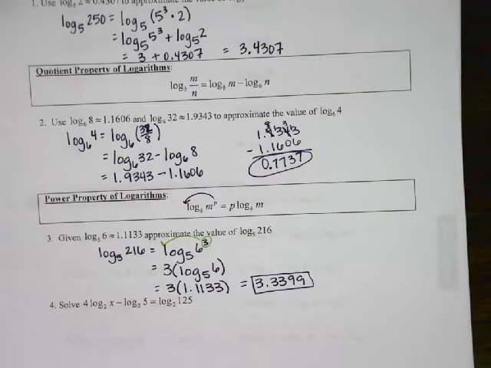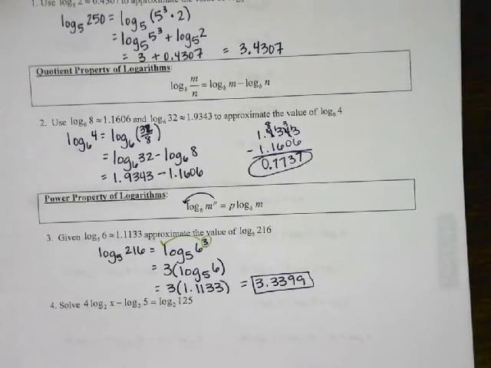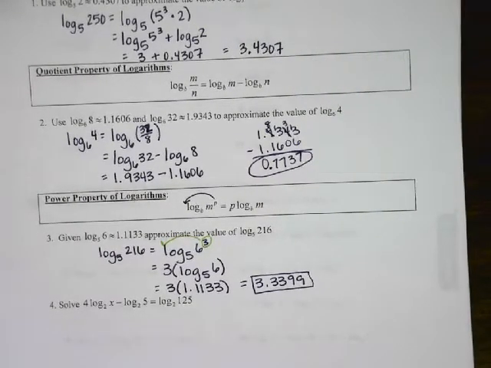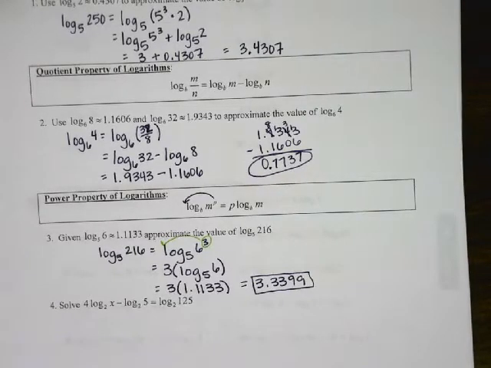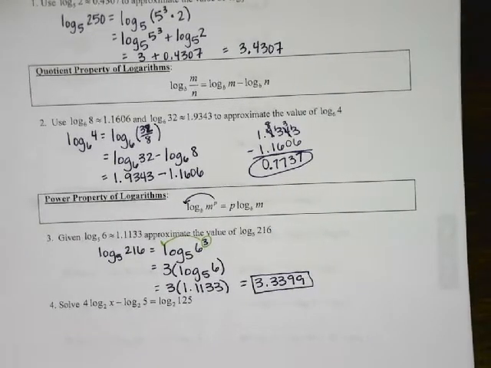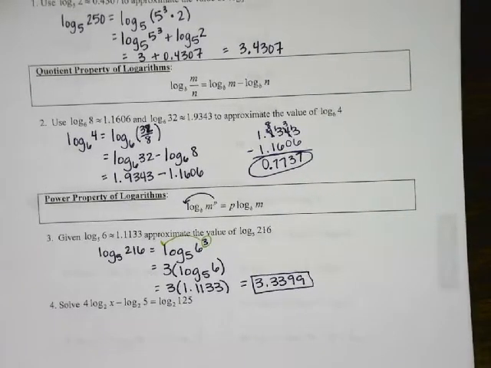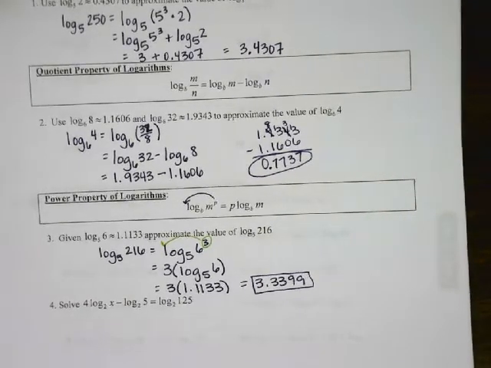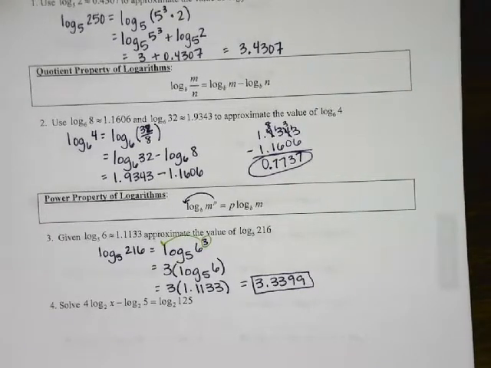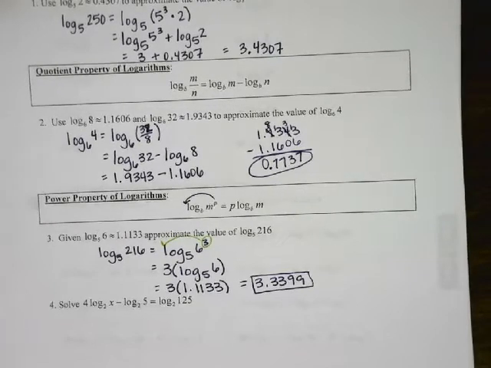Okay, so what good are these rules? So we can approximate decimals? No, not necessarily. Remember when we were doing 10-2? If we had one log on each side of the equal sign with the same base, then we can get rid of it. Okay, well, if you look at number 4 there, I have 4 times log base 2 of x minus log base 2 of 5 equals log base 2 of 125.